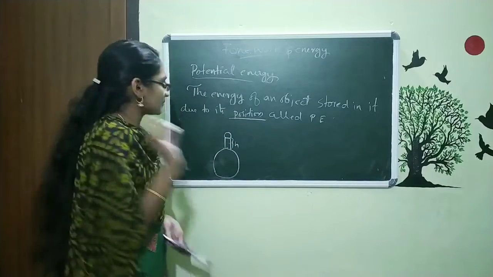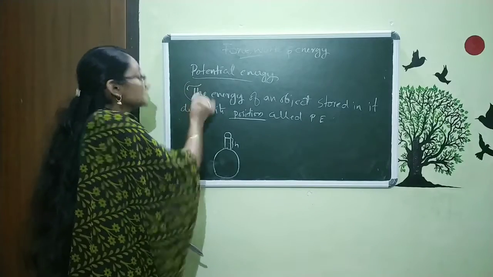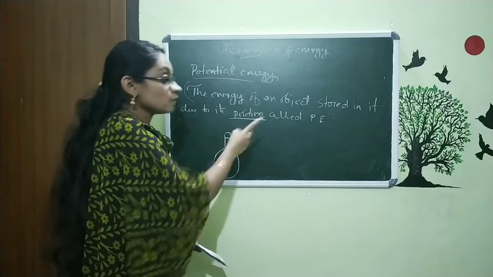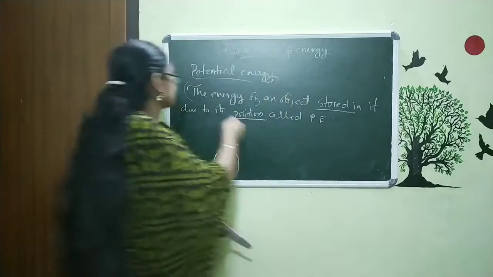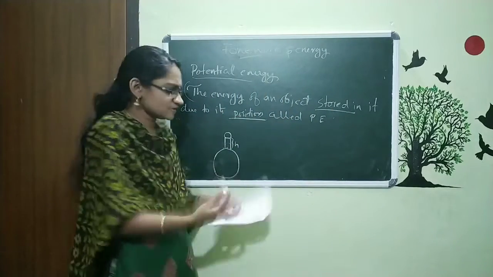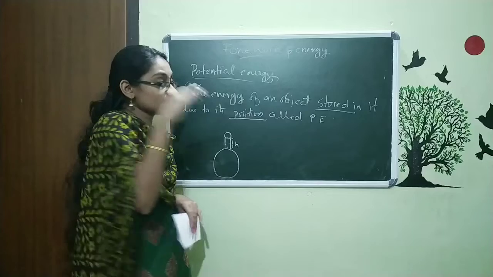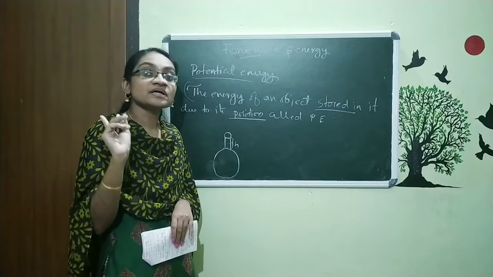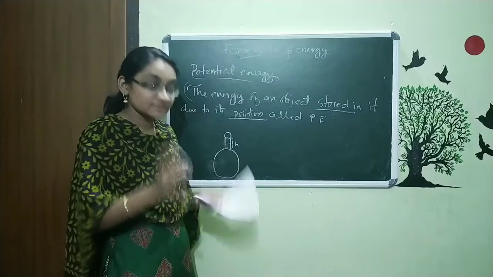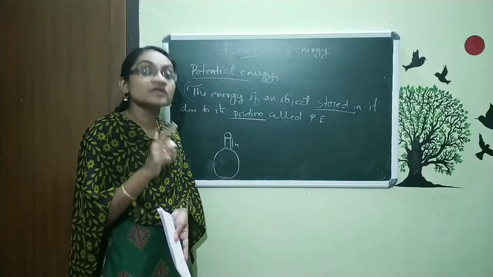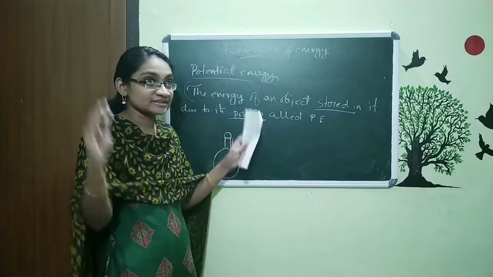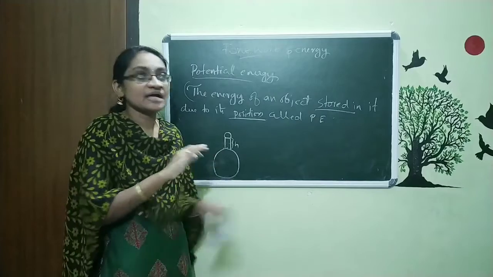For studying potential energy, you only need to study the definition. It is the energy of an object stored in it due to its position. For example, we know water is stored upstairs in the tank. That water has potential energy because it is stored at a particular height.